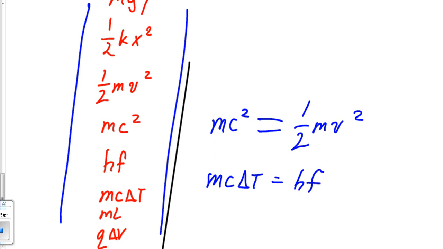Why? Because it's all energy, and energy is not created or destroyed. You could make q delta V equal 1/2 kx squared, which would make no sense. You just said an electron is landing on a spring, which is very odd, but the fact is it would work because anything with energy can be set equal to anything else that is energy.